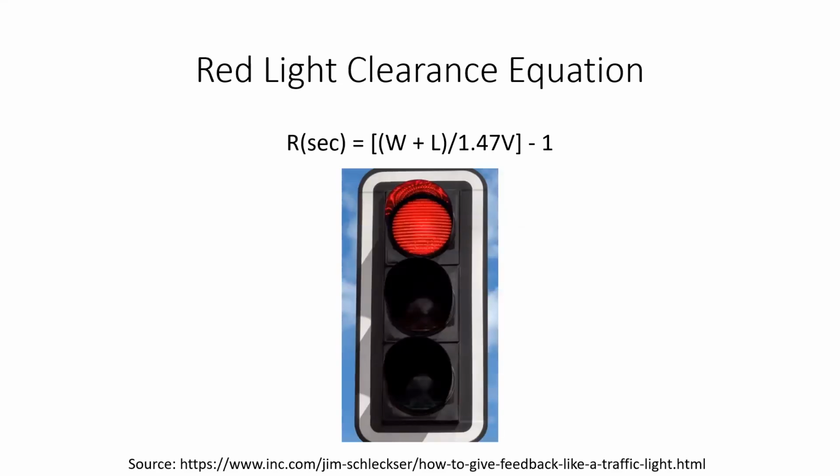We will be using the equation R in seconds equals W plus L divided by 1.47 V, all that minus 1, to find the red clearance interval.